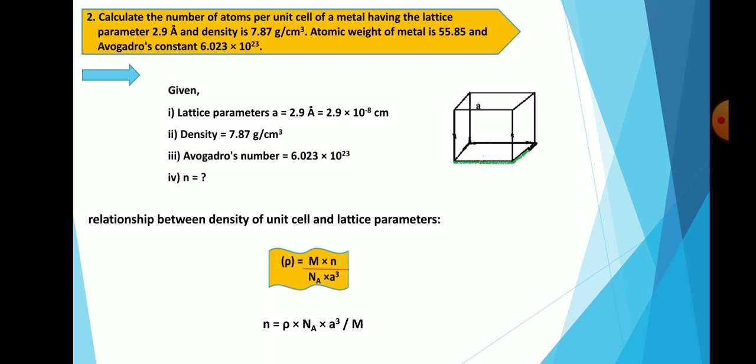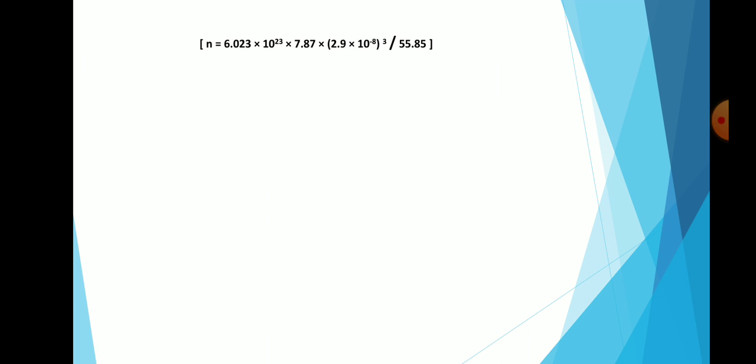We want to calculate the number of atoms, so we just solve this equation like this: n is equal to rho into Na into a cube divided by M. Put the values of the different entities. n is equal to Avogadro's number 6.023 into 10 to the power 23 into 7.87 into 2.9 into 10 to the power minus 8 cube, whole divided by 55.85.